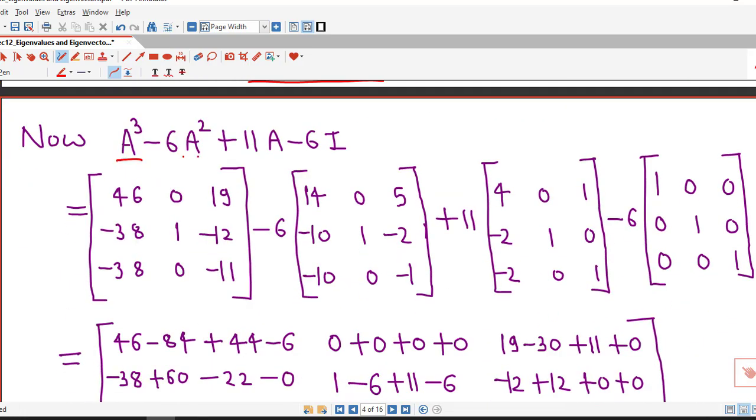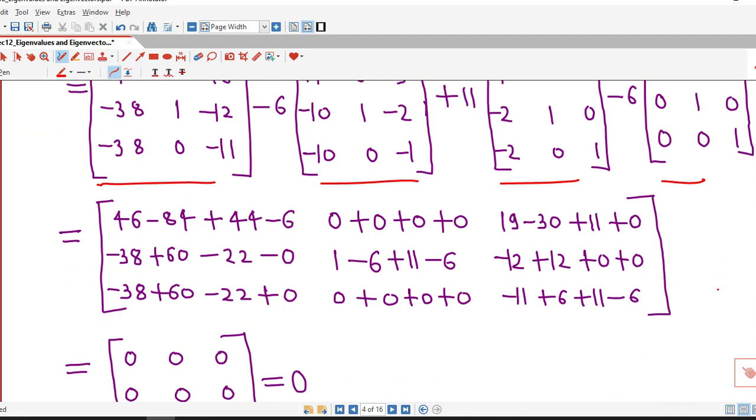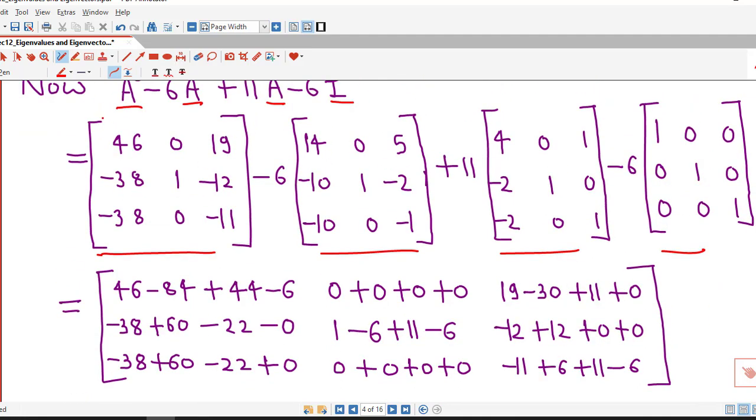So I have put the values of A cube, A square, A and I here. In the next step, I have taken the addition of all these four matrices. Here I am adding first entries. So 46, here 14 into 6, that is minus 84, 4 into 11, that is 44, and minus 6.